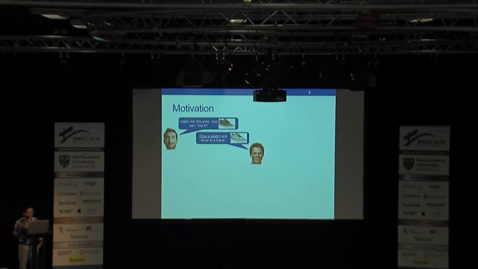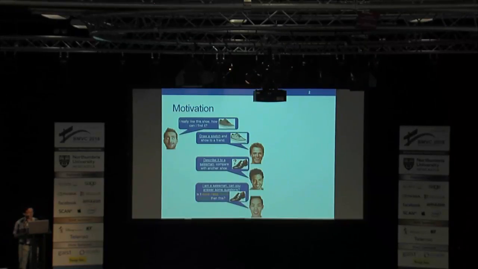For example, a friend can tell you to draw a sketch and show it to another friend. Another can say, describe it to the salesman and compare with another shoe. Even the salesman can come to you and ask some questions. Is the shoe that you're looking for more formal than this other one? These natural interactions have been developed previously in a computational way, but existing methods use these approaches in isolation.